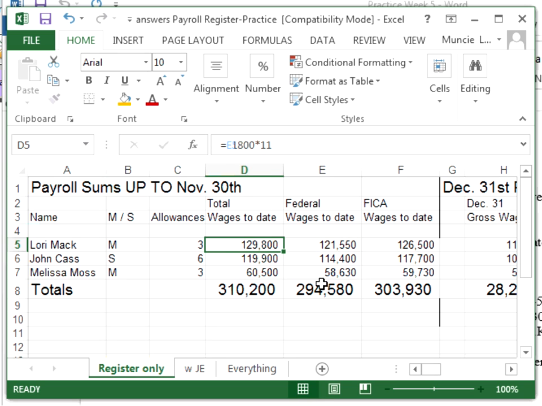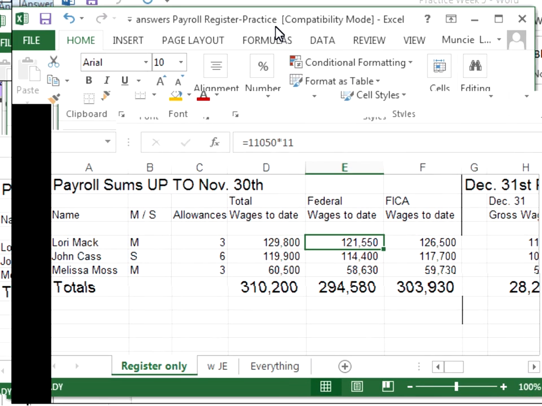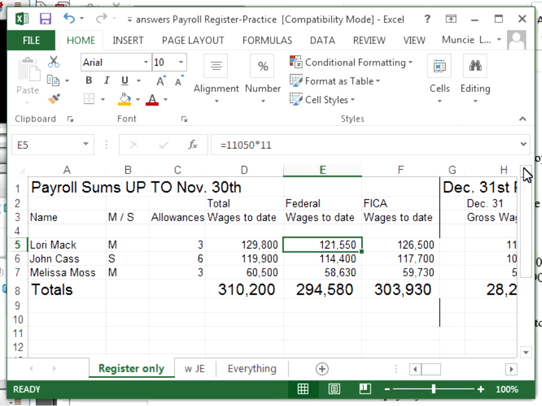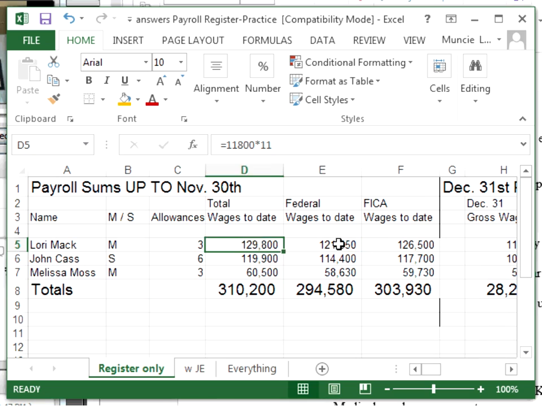Federal wages to date. What I did for that is I determined, okay, what is our monthly taxable wages for federal purposes? So I took the gross pay, which was $11,800, and then I subtracted out. Remember, for federal, we can subtract out any retirement monies, medical premiums, or any of those other items that we've previously covered.